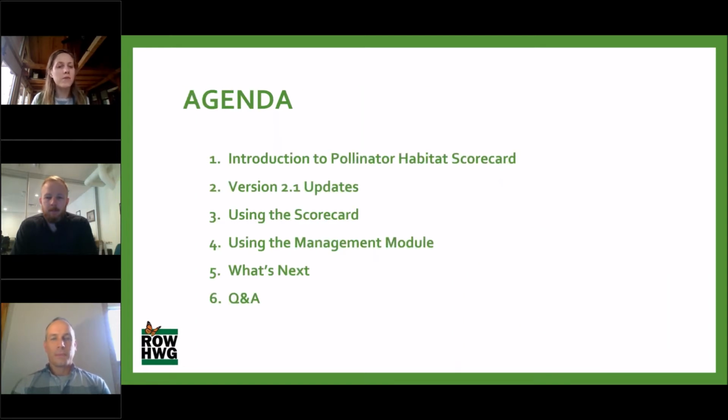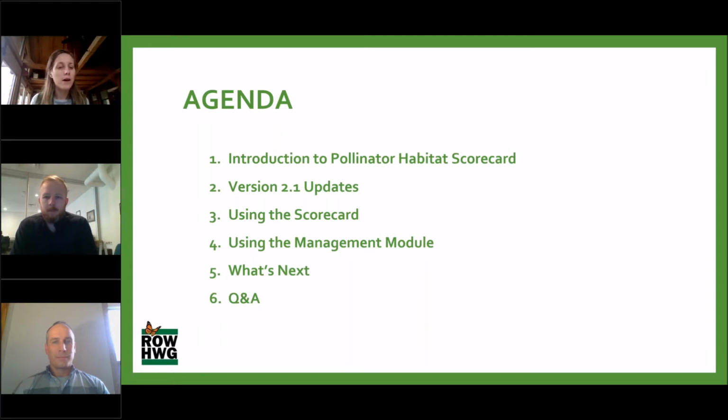To give you a sense of the flow for the discussion, we are first going to start with just a quick overview of the Pollinator Habitat Scorecard, how we've gotten to this point, to give those of you who may be less familiar with the scorecard some of that background. Then I'm going to turn it over to Erik to walk through some of the specific updates that were made in version 2.1, as well as generally talk about the use of the Pollinator Scorecard and the assessment protocol itself.